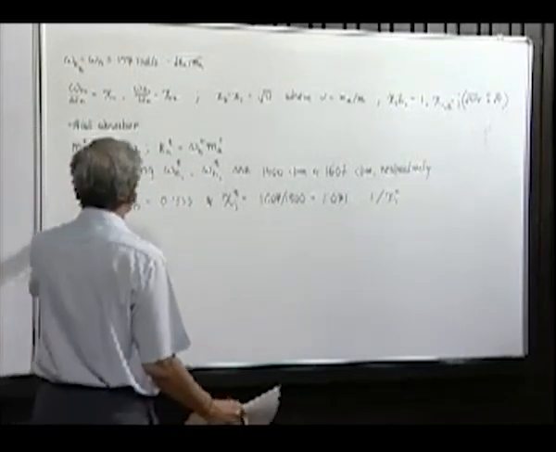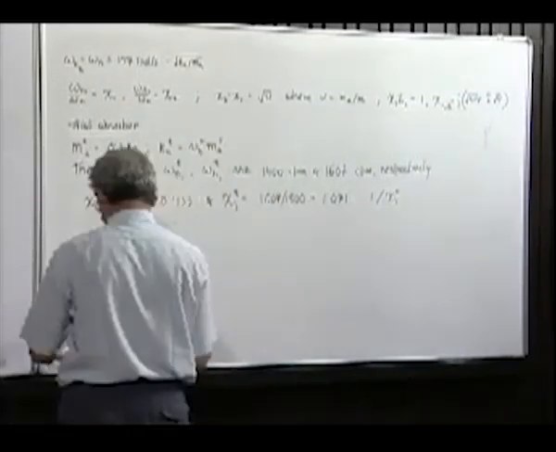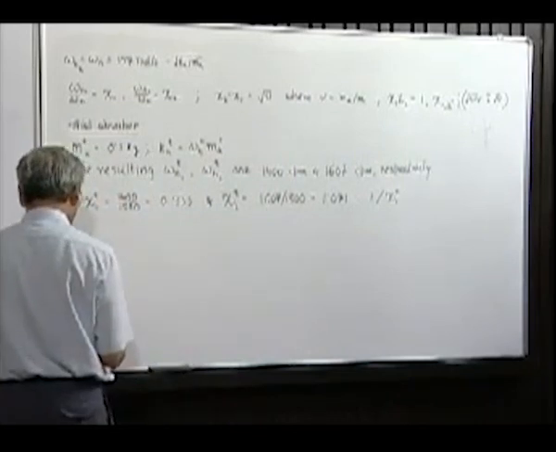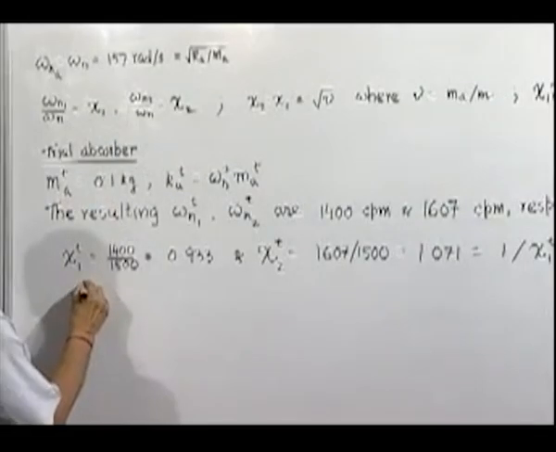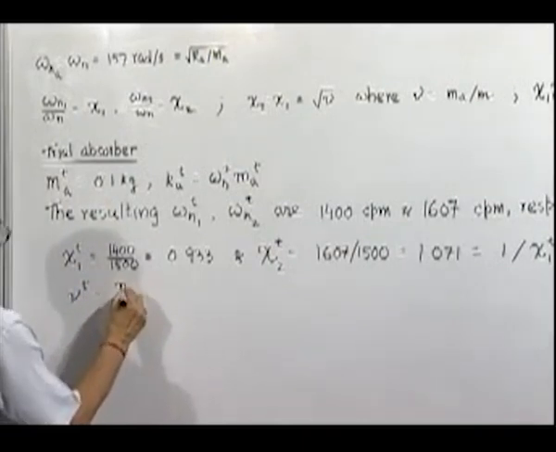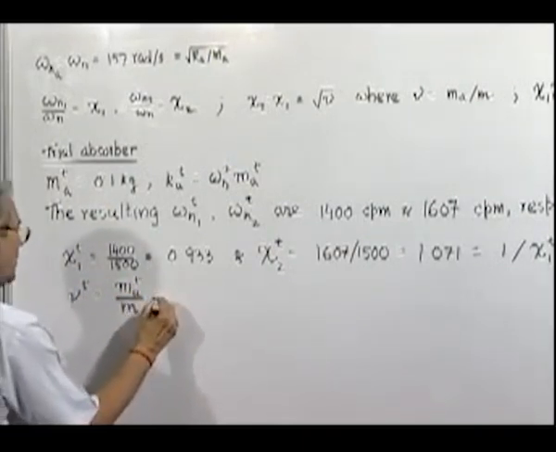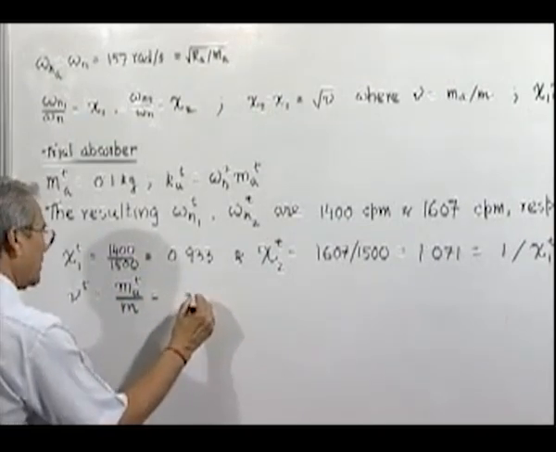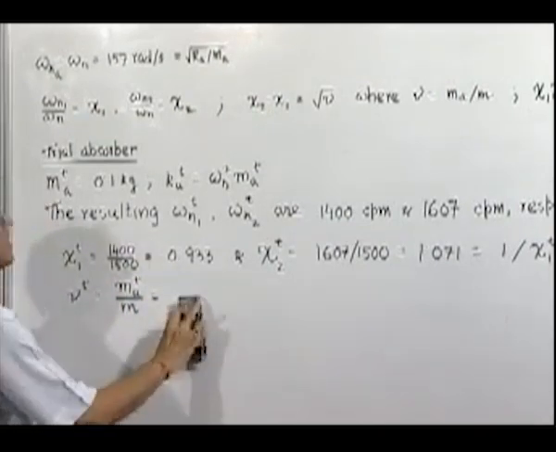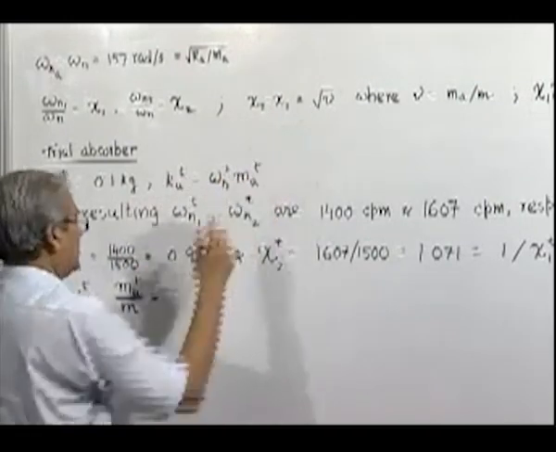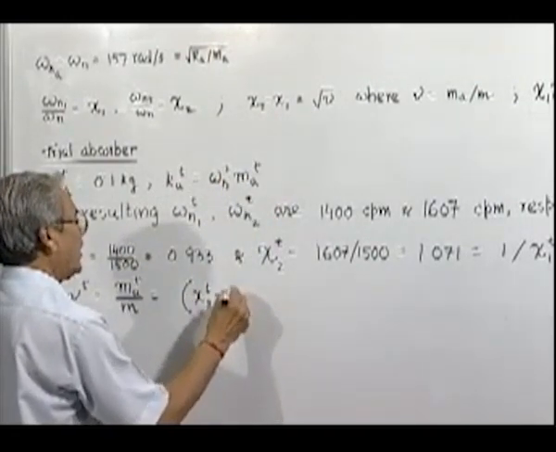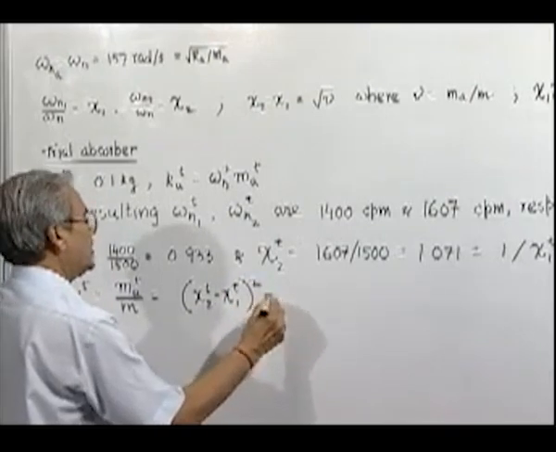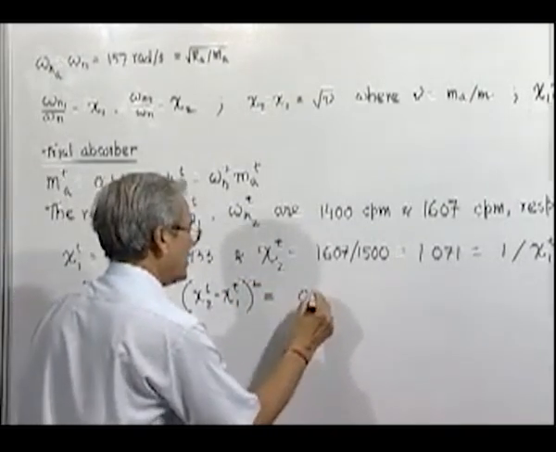So, now we know the trial values of this, and from this we can easily find out the mass, because we know that trial value of this, which is nothing but trial value of the absorber mass by m, will be nothing but, from this relation, chi 2 trial minus chi 1 trial square, which is 0.01.